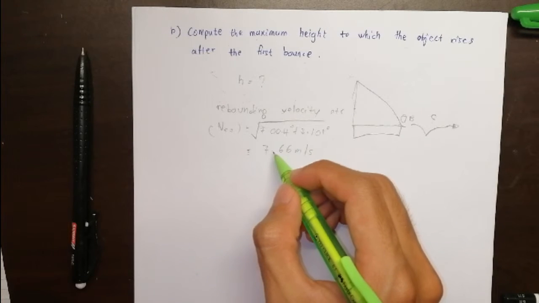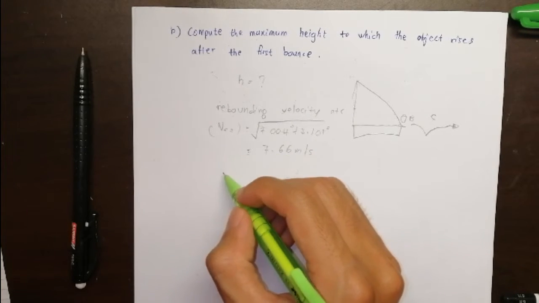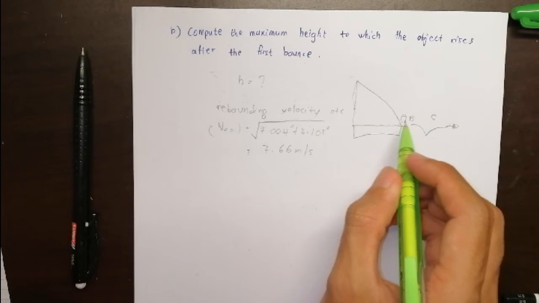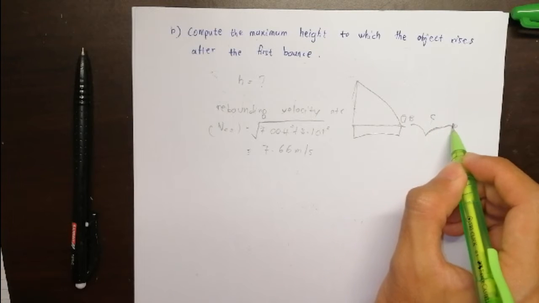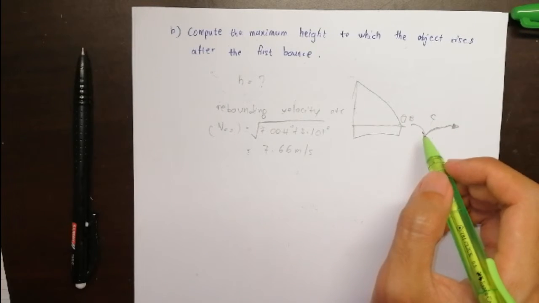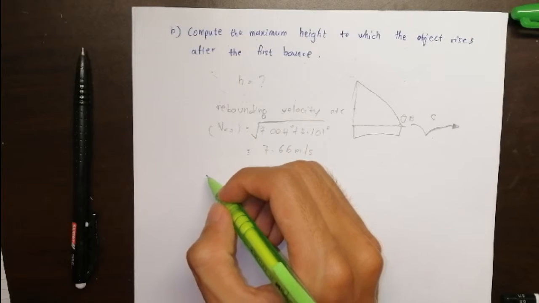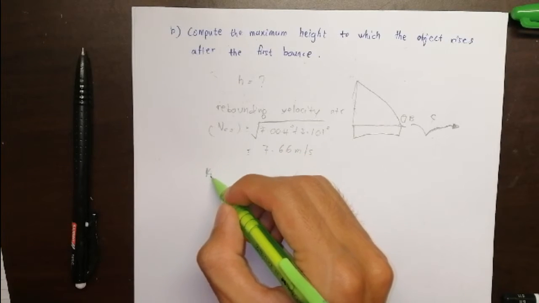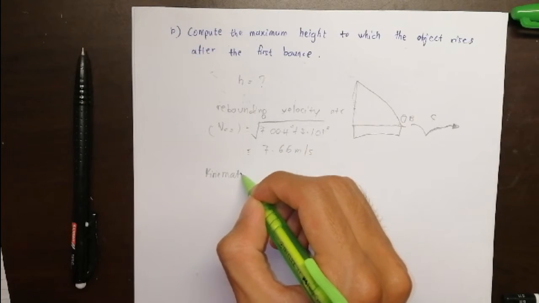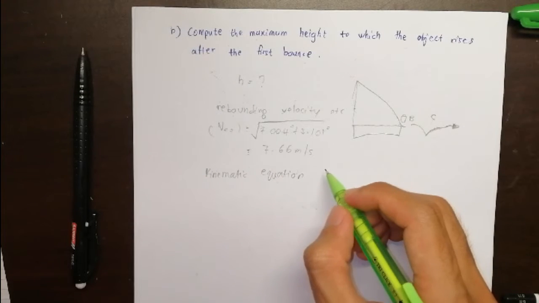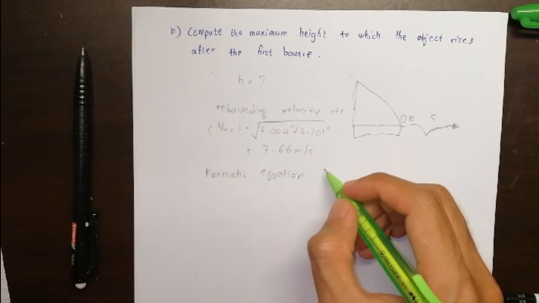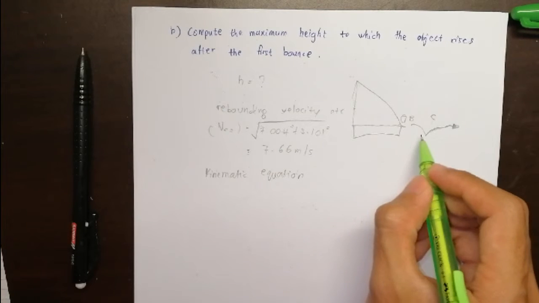Next, we know that the rebounding velocity at C is 7.66 meter per second. Next, we use the kinematic equation to find the vertical motion after it rebounds from the ground.